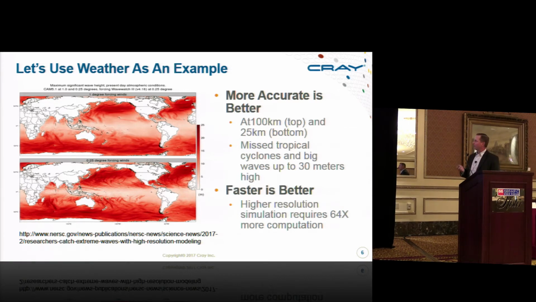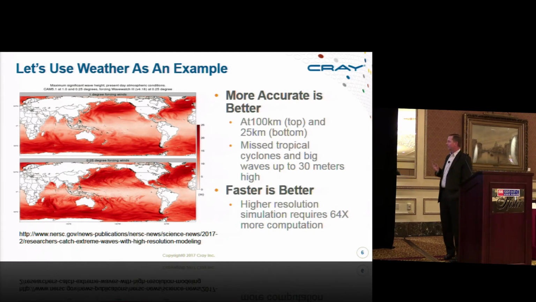Tropical storms and cyclones developing, and big waves up to 30 meters, fairly significant size, are missed. We know faster is better, but this higher-resolution simulation requires 64 times more computational power. So as we start to train on larger sets of training data, more computational horsepower is needed to reduce those training cycles down.